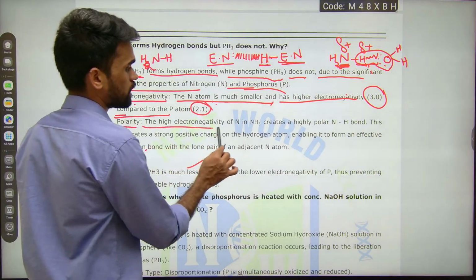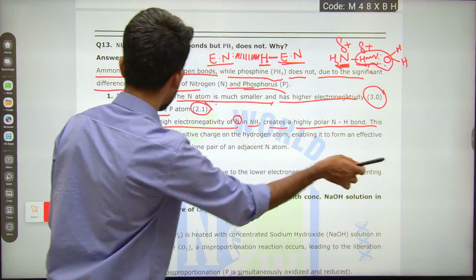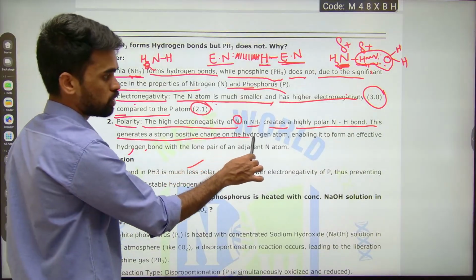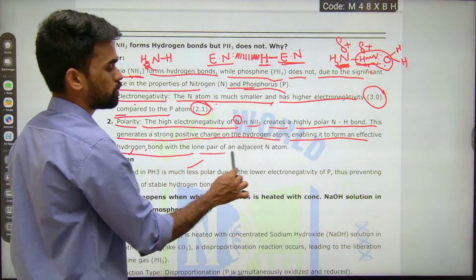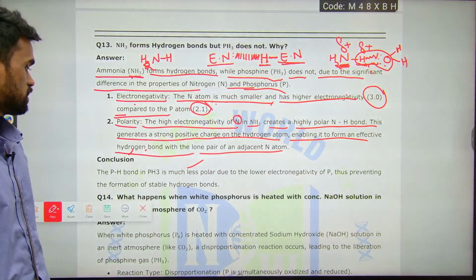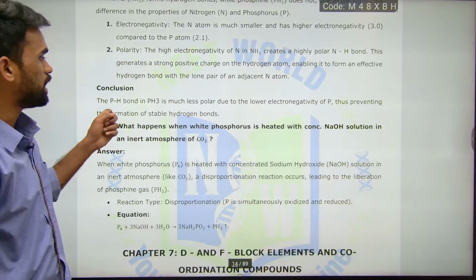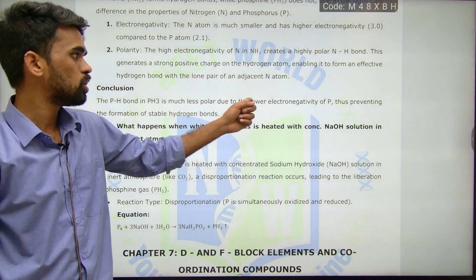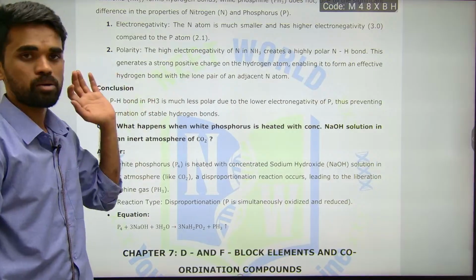The high electronegativity of nitrogen in ammonia creates a highly polar NH bond. This generates a strong positive charge on the hydrogen atom, enabling it to form an effective hydrogen bond with the lone pair of an adjacent nitrogen. So what is the conclusion you can make? The PH bond in PH3 is very less polar due to lower electronegativity, which prevents hydrogen bond formation.